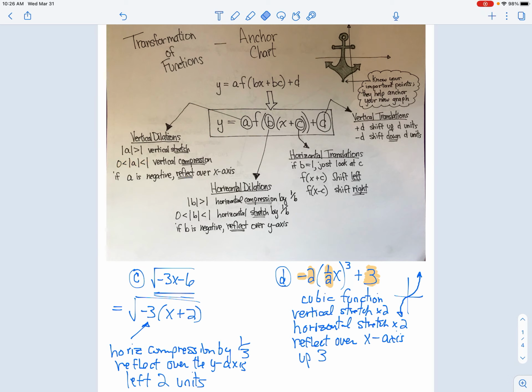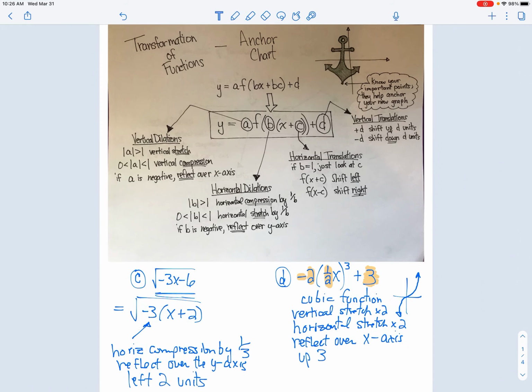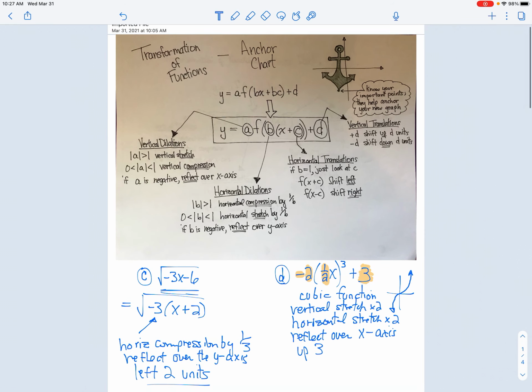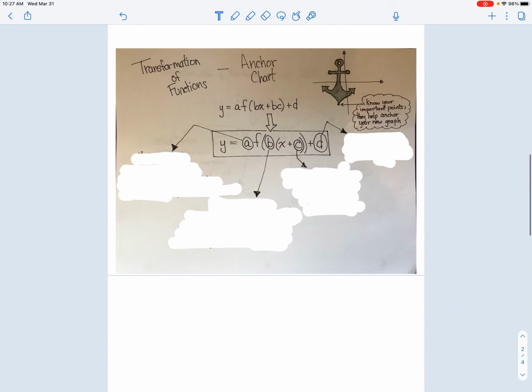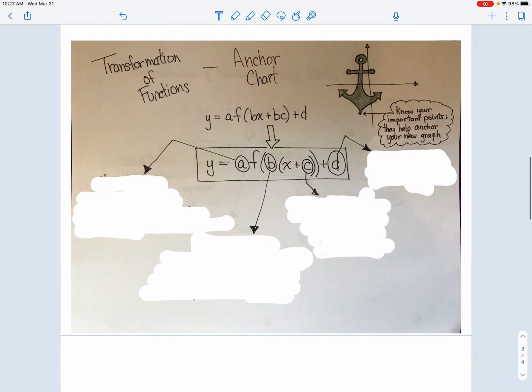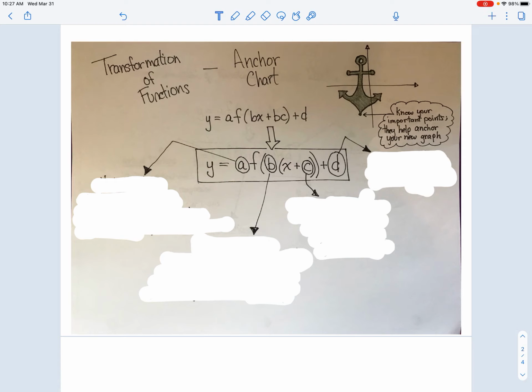So teachers, before you give this to students, you could actually give it out with everything whited out. I'll make one of those and make it available to you just as a great graphic organizer, or to have them create their own anchor chart of transformations of functions.